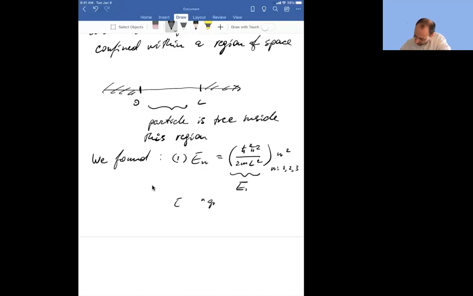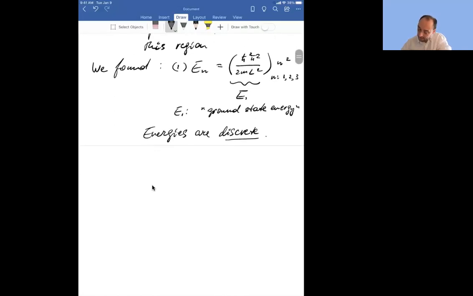E1 is called the ground state energy. This is fancy lingo for the lowest energy level. So energies are discrete, in contrast to a classical particle in a box, which would have a continuous set of energies.